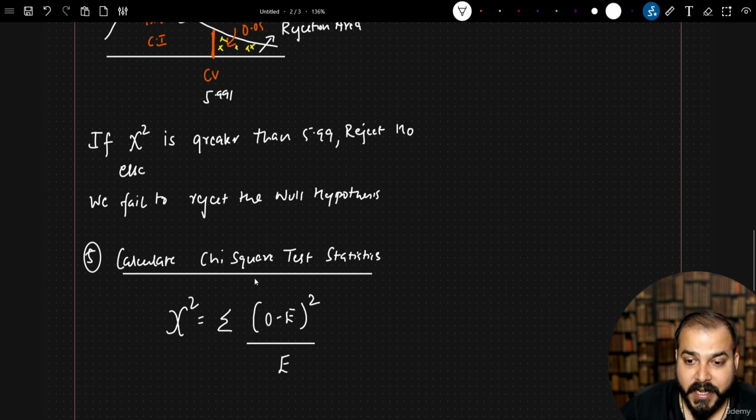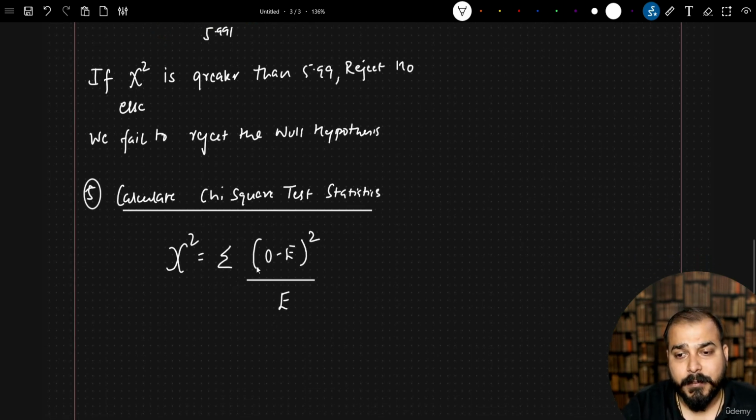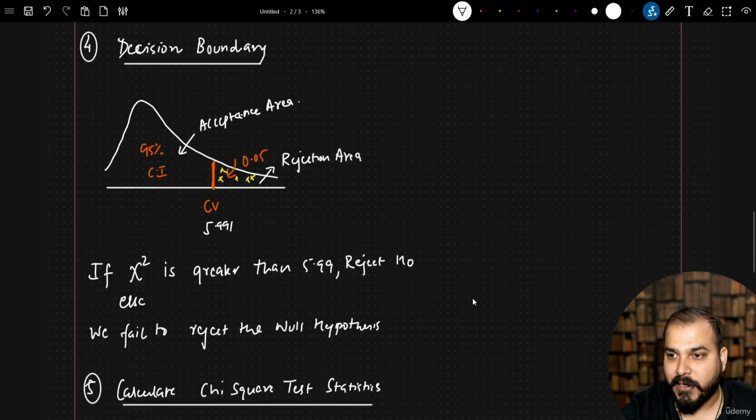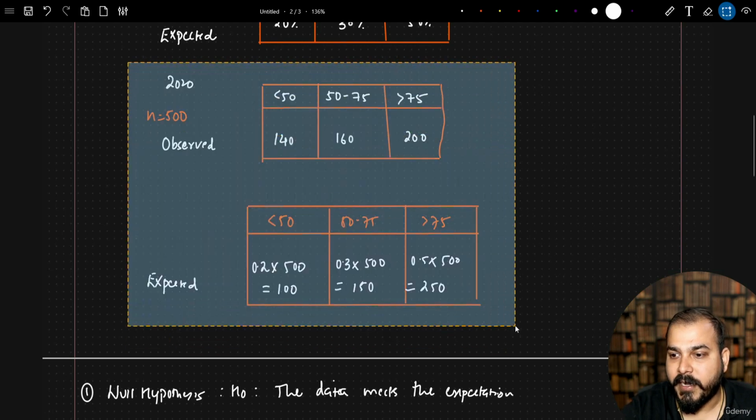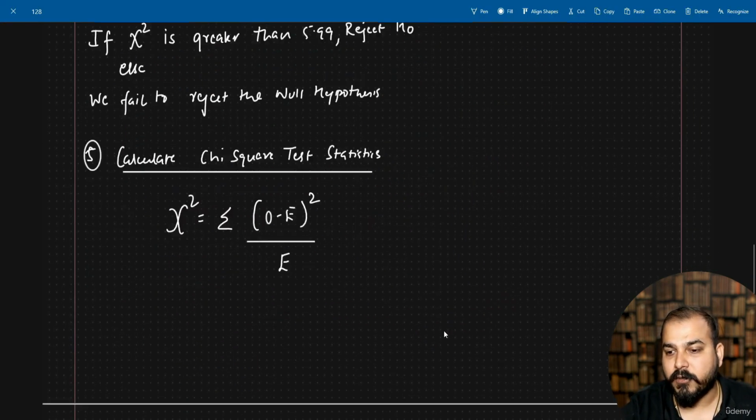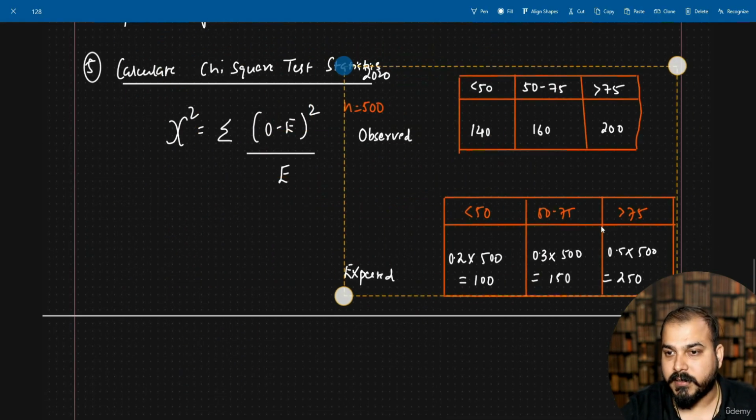So this is the entire formula of chi-square test statistics. Again, I'm going to repeat: summation of observed minus expected whole square divided by expected. So we are trying to compare the observed and the expected values. So over here, I'll just copy both the data that I have and I'll paste it over here.